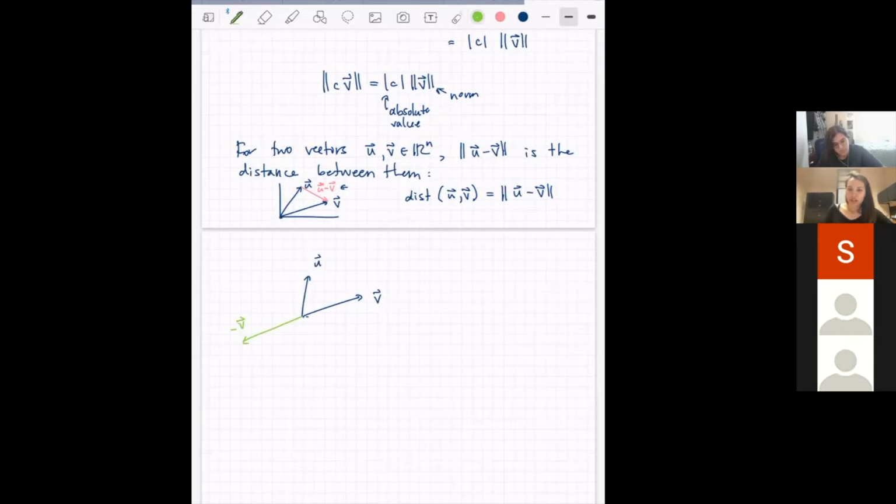And if we want to add these together, we could, I guess, do this tip to tail thing. So translate it up here, and then we get this vector.